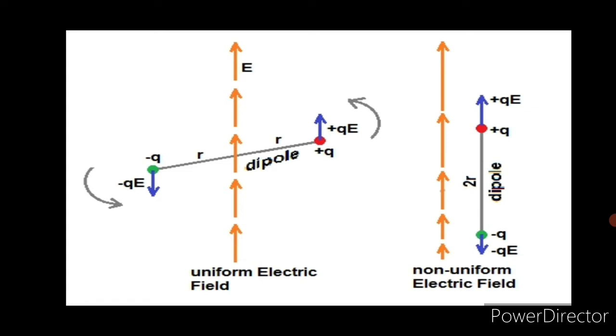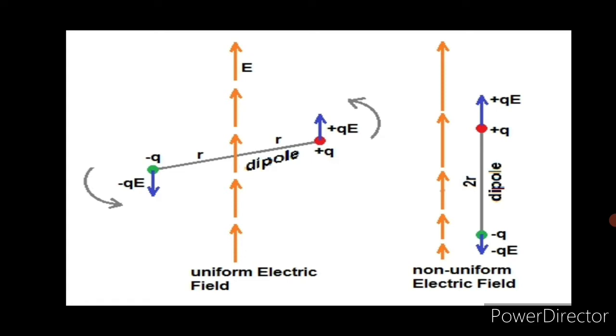That means on the dipole, at the two extreme ends where the charges are located, two equal and opposite forces are acting. Whenever a body experiences two equal and opposite forces at two different points, we say that it experiences a rotation, or it has a couple, or rather we call it torque.